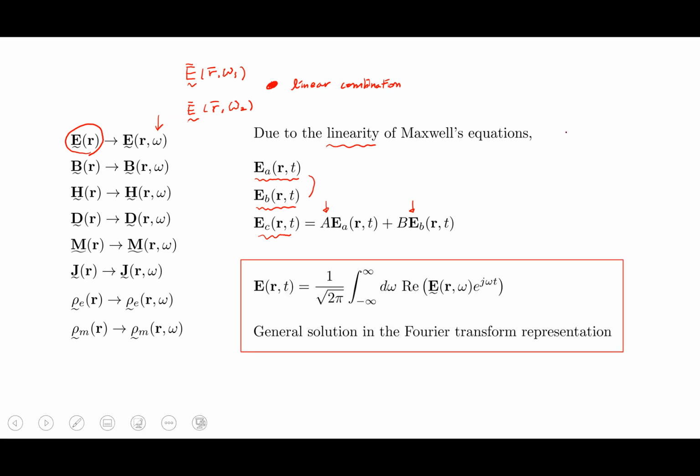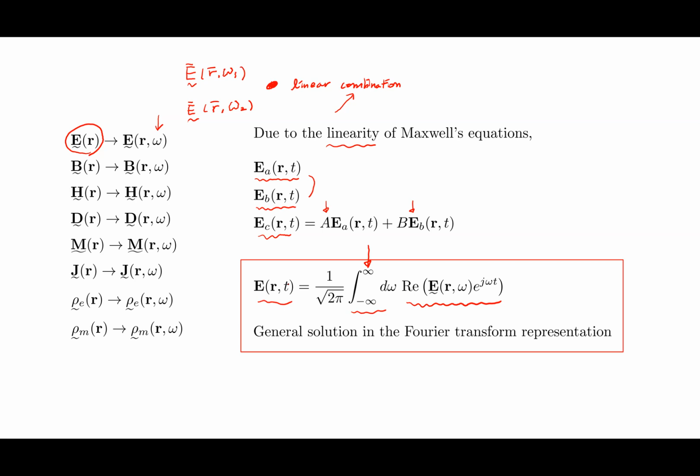Okay, so we can generalize this concept of linear combination to the integration over frequency. So this is again the time harmonic field solution in the phasor form. And then we can do the linear combination with this integration. Then we have a general solution for the electric field.